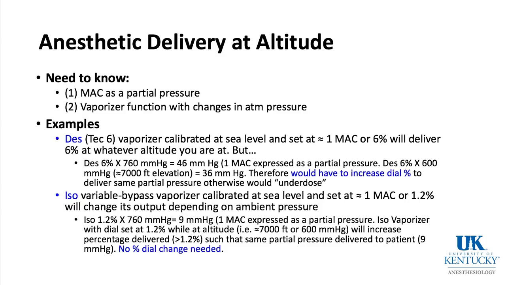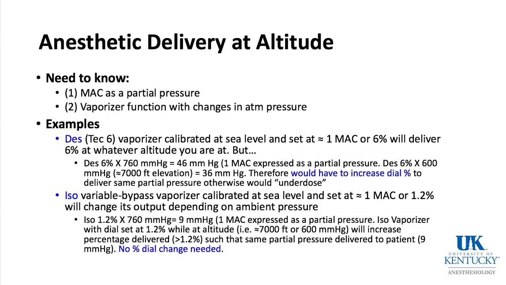Therefore, you'd have to increase the dial percentage on the desflurane vaporizer to deliver the same partial pressure, otherwise you would underdose the patient. So desflurane is a constant deliverer of percentage, but you have to change the dial to deliver the same partial pressure that you would at sea level.